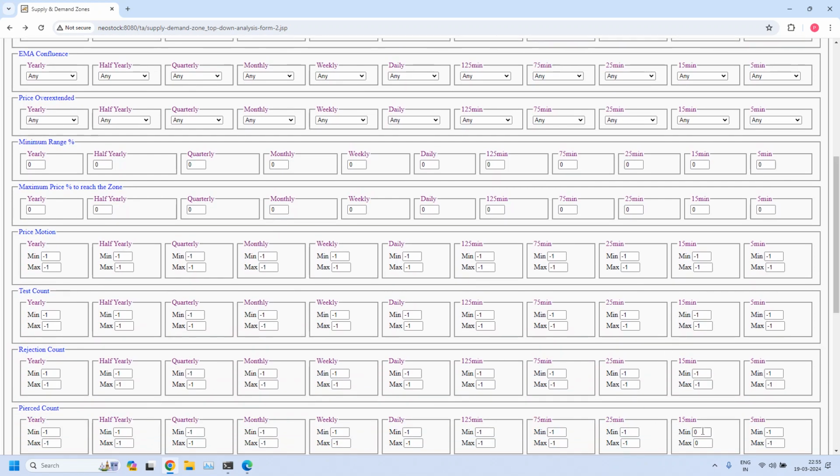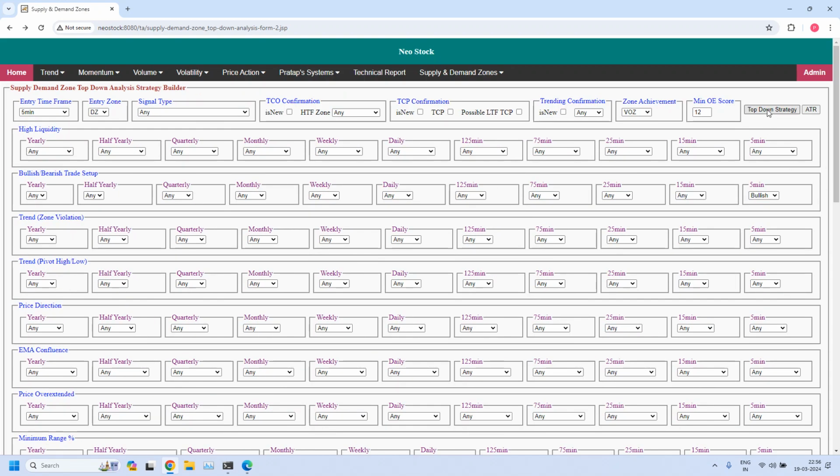Pierced count earlier we set it for 15 minutes, but we don't want pierced count for 5 minutes time frame, because this is hourly income trade. 5 minutes is our entry time, that is LTF time. So I am setting minimum 0, maximum 0, which indicates the zone is not pierced. Now let us filter the stocks.